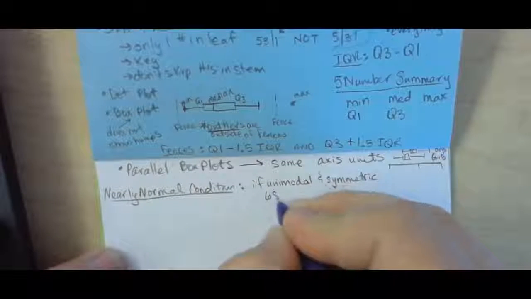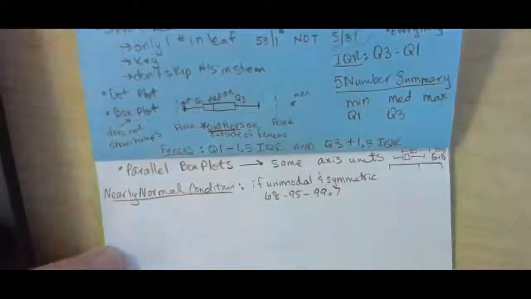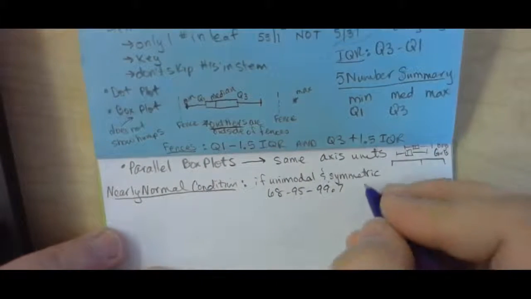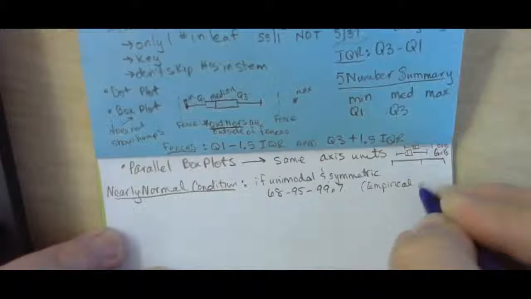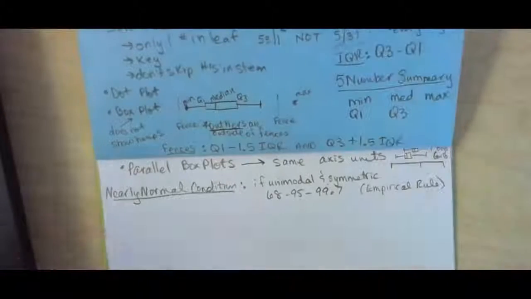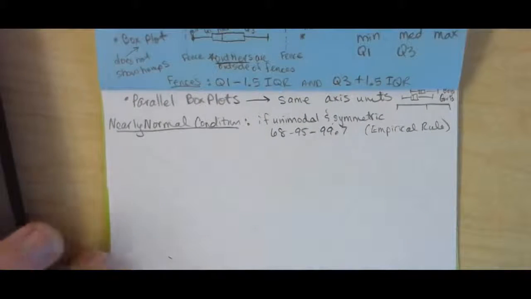You use 68, 95, 99.7. And that's also called the empirical rule. I don't think they'll call it that, but if you see it, I don't want you to be freaked out of what that is. That's just saying that 68% is in the middle, then the 95% is 2 tick marks away, and 99.7% is 3 away.